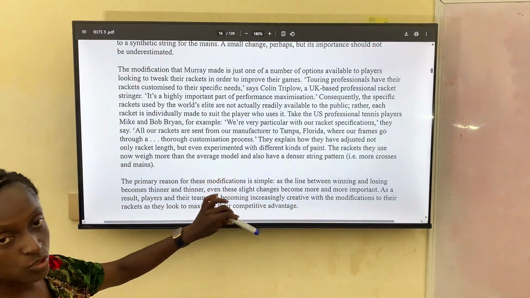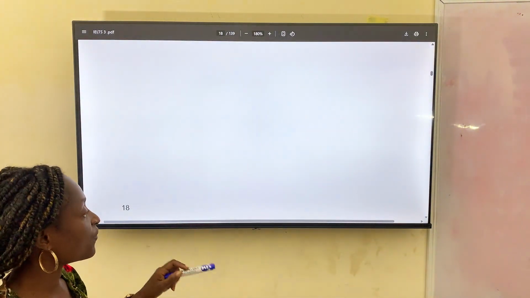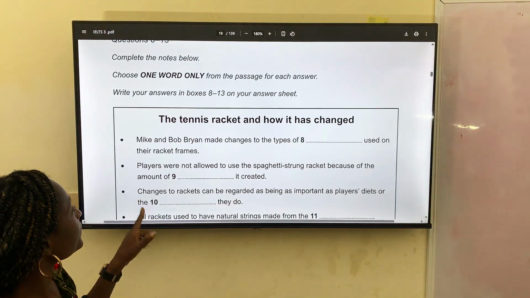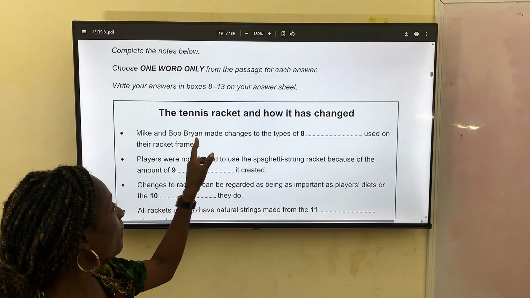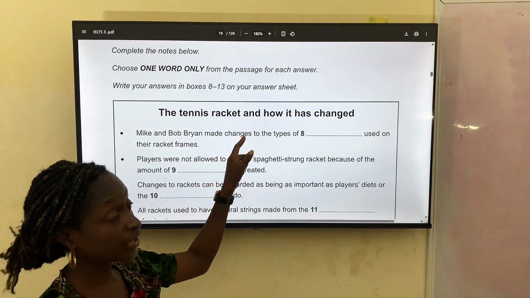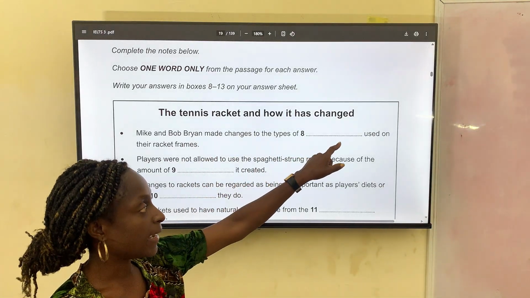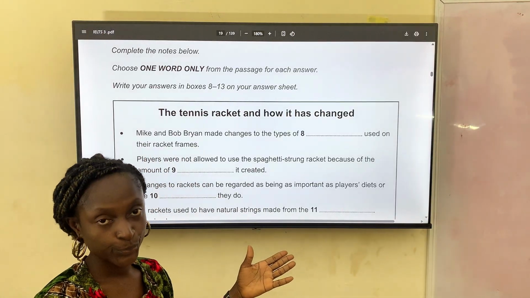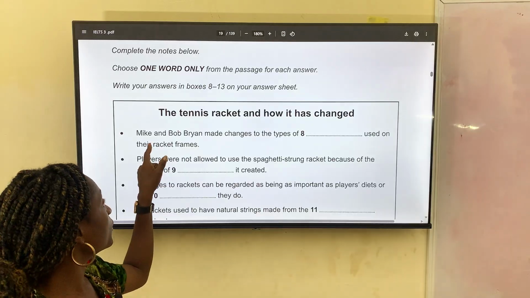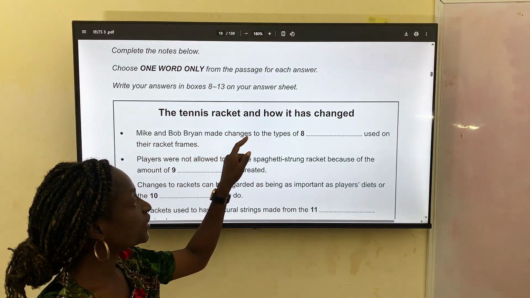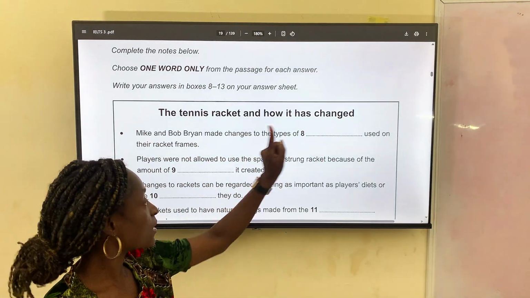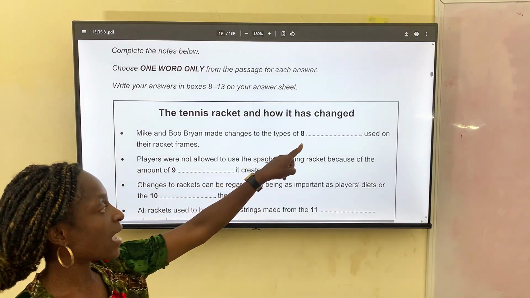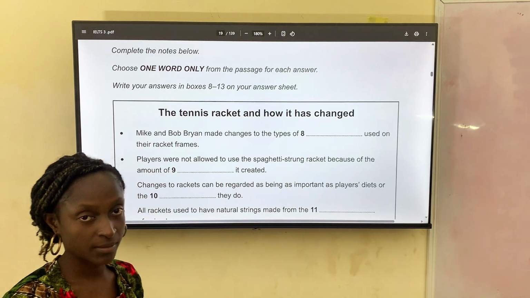Then we'll go back to the sentence and see which of it fits. Mike and Bob Byron made changes to the types of lengths used on their racket frames. No, that does not fit. So let's move on. Mike and Bob Byron made changes to the types of paints used on their racket frames. I think that fits. So our answer here would be paint.